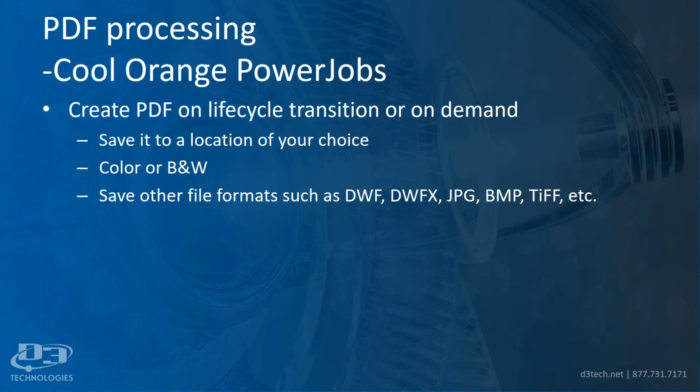PowerJobs could also send email notifications to certain users when a lifecycle transition has taken place. Also, PowerJobs could publish other files as well, like DWF files, JPEG, BMP files. So whatever it needs, PowerJobs is pretty powerful, and we can implement that for you guys as well.